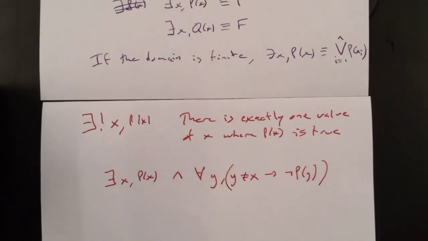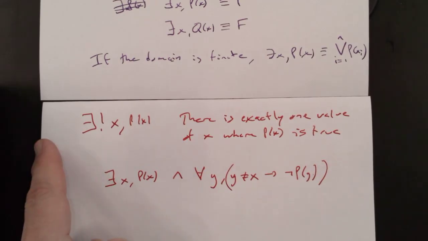Now that actually looks much more complicated, doesn't it? Hey, it's true for something, but if you pick anything else, it's false. That means it's only true once, the special value of x that we found at the beginning.